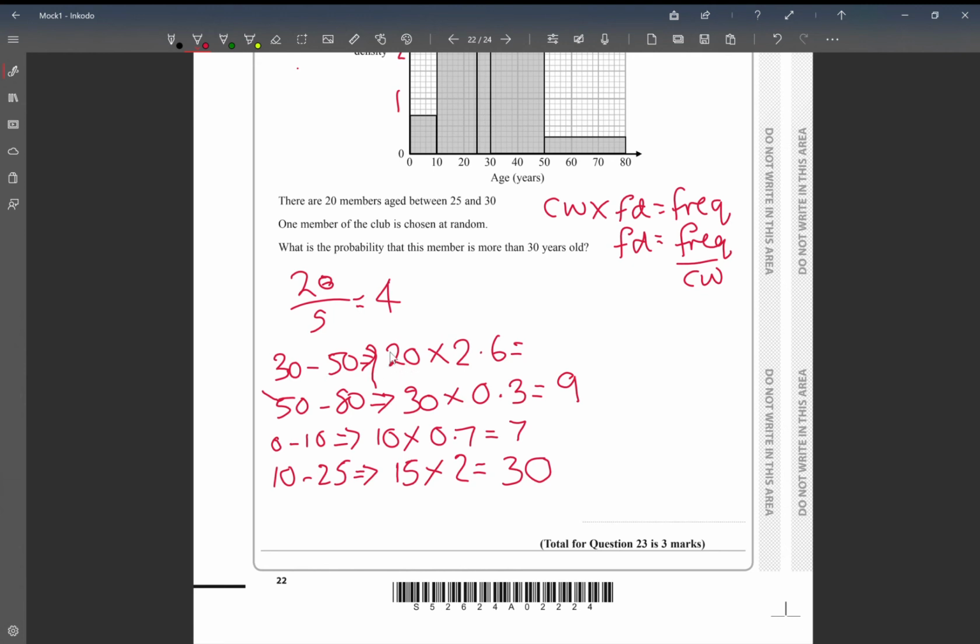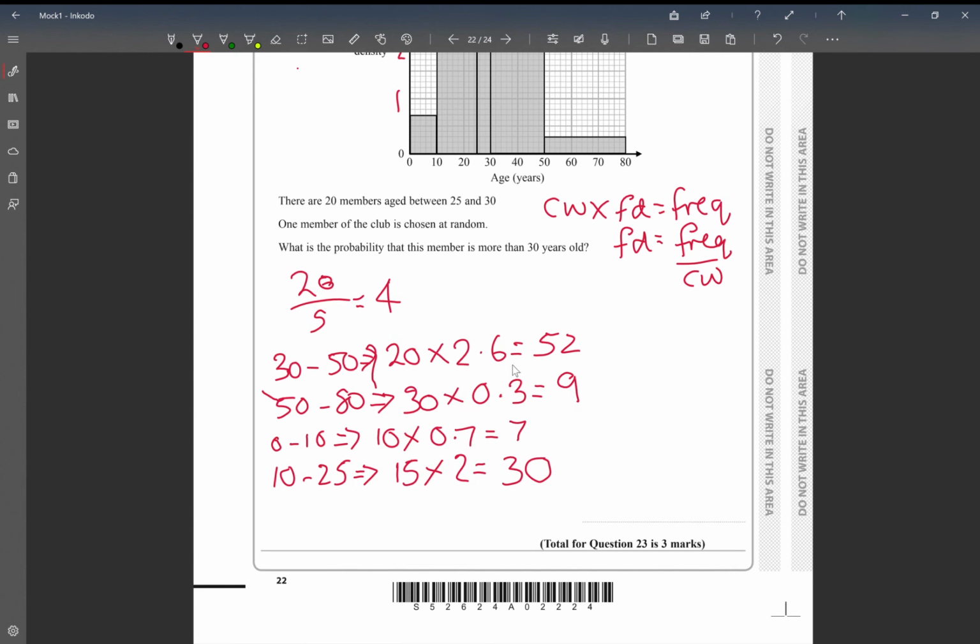Same with this one. I'd probably do 2 times 2.6, which is 5.2, but it's not 2, it's 20. So instead of 5.2, it's 52.